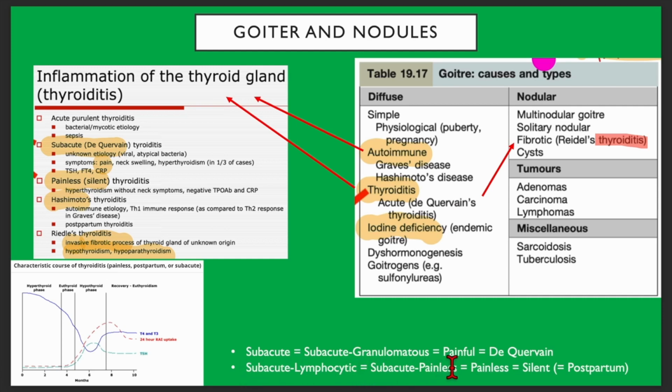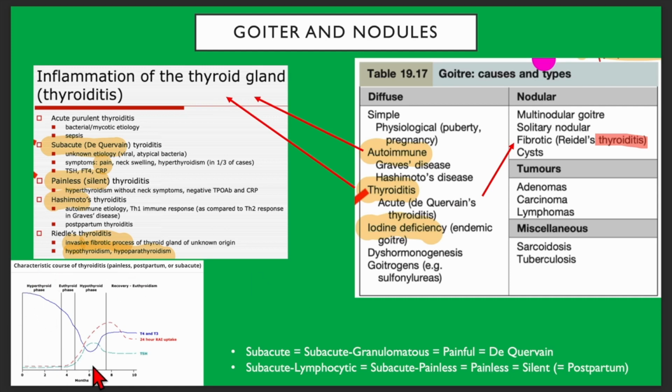This is the painless one, and it's called silent because it's painless. A special type of this one is called postpartum. After you give birth, this type of disease is called postpartum. And why we call it postpartum and not silent is because the postpartum version of this has higher antibodies. We will talk about it in a few seconds.